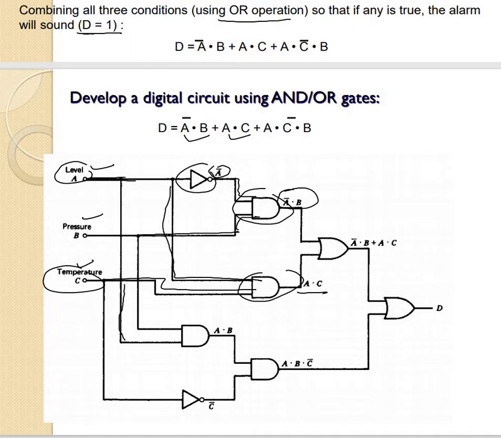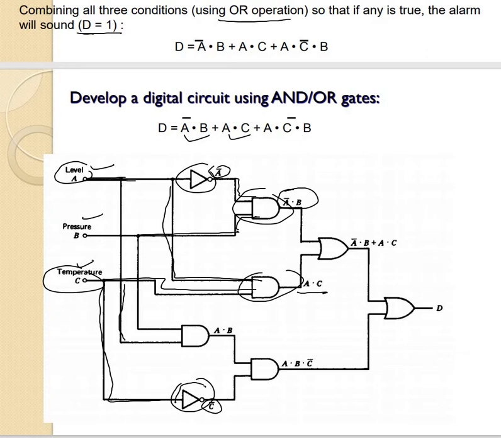So at the C signal, we need to have a NOT gate in order to get the complement of C, right? So here we draw the NOT gate. We will get the C bar, C complement.